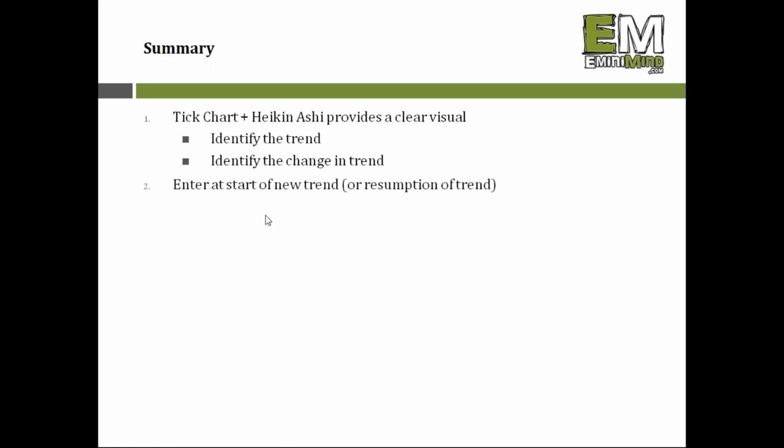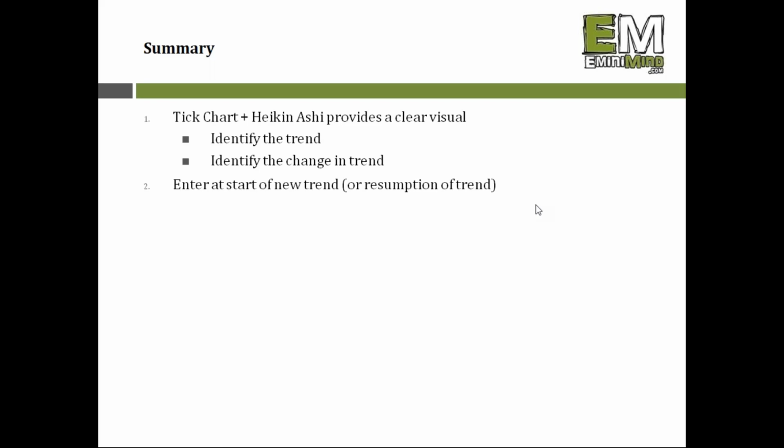And then entering at the start of a new trend, or sometimes if the market is pulling back, we might be pulling back to a larger support level. And so looking at where are some general support and resistance areas. Don't have to do any super in-depth analysis, just looking at where we traded in the past.